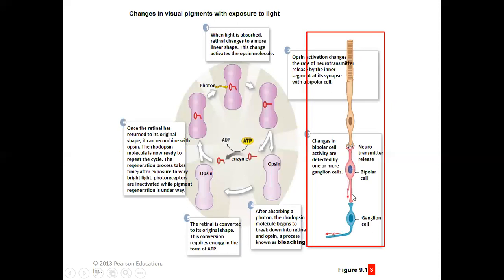And that bipolar cell then releases neurotransmitter to communicate to the ganglion cell, which also generates an action potential. And that action potential is sent all the way back to the brain.